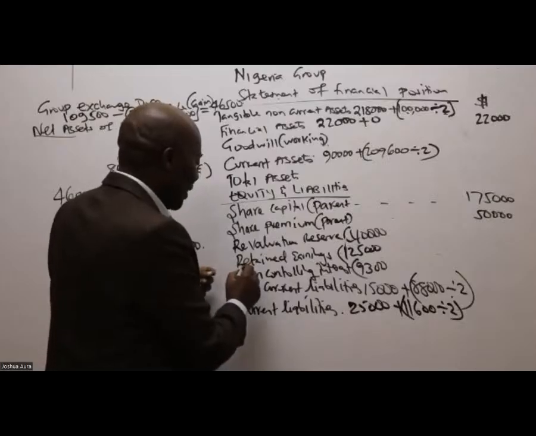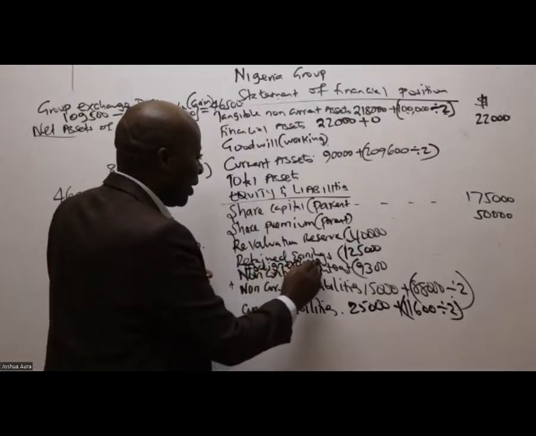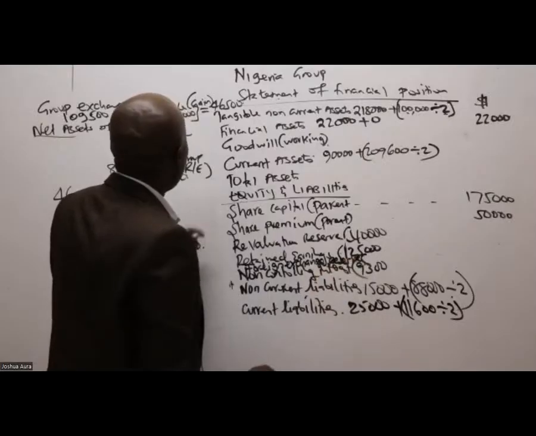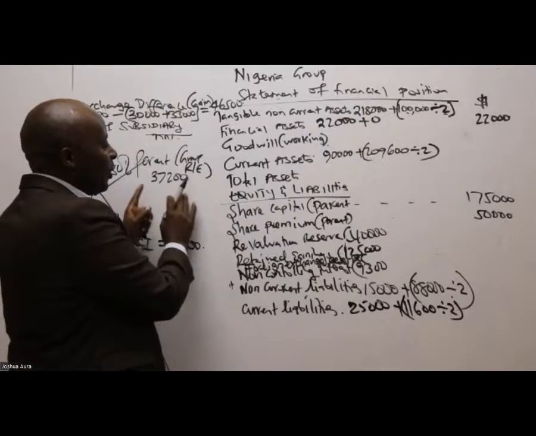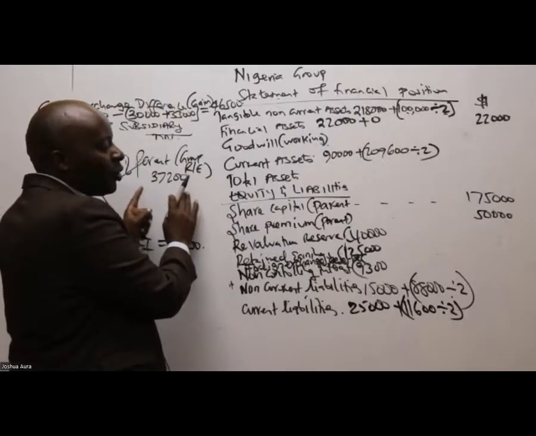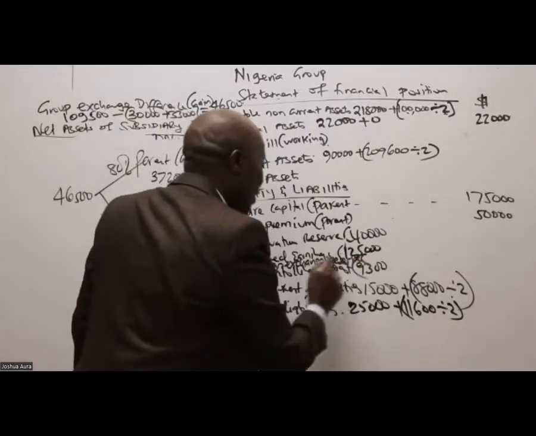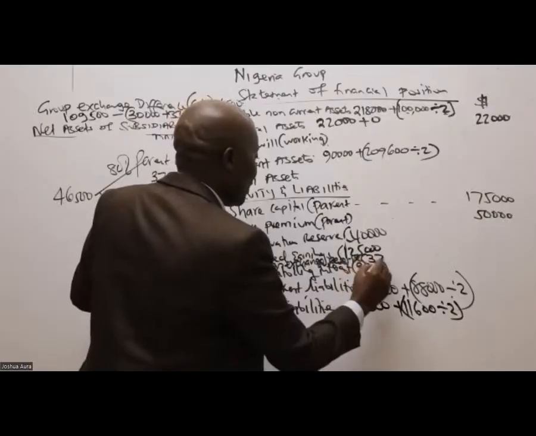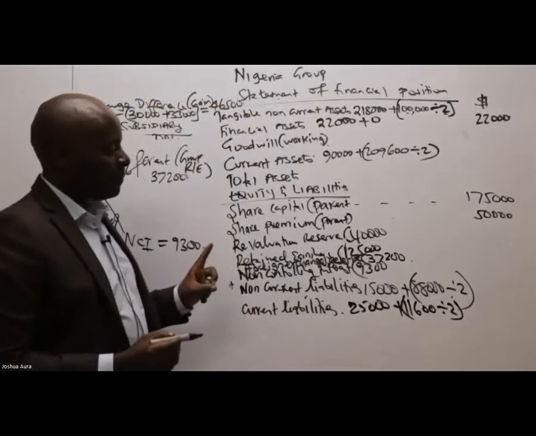It's foreign exchange reserve, very popular. The one of the parent will go to the equity of the parent, but don't take it as the last figure here. We'll still have something. So you're just writing as a working 37,200 there.